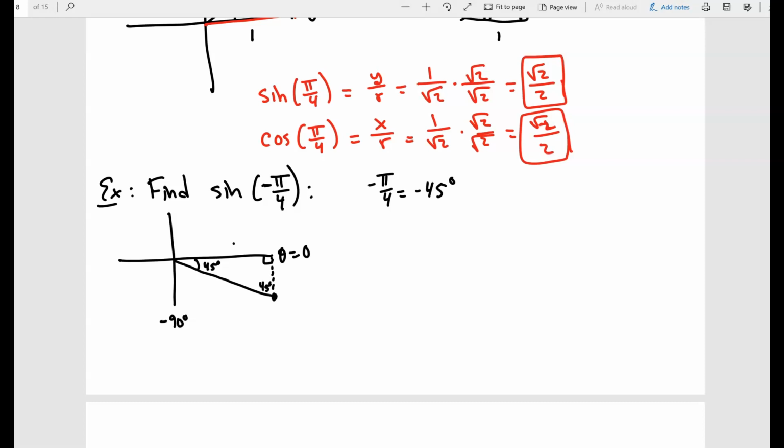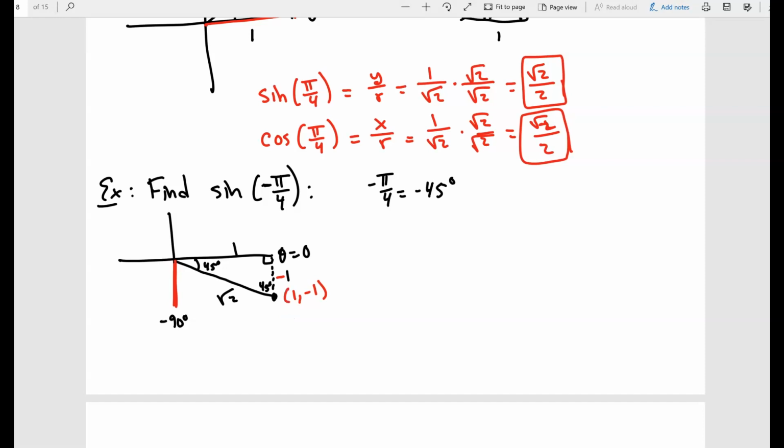This is going to be 1, this is going to be 1, this is going to be square root of 2. Now, we have to be very careful because when we talk about quadrants, remember that in quadrant 4, notice that my x is positive, but my y value going down is going to be negative. So this point is going to be 1, negative 1 in quadrant 4.